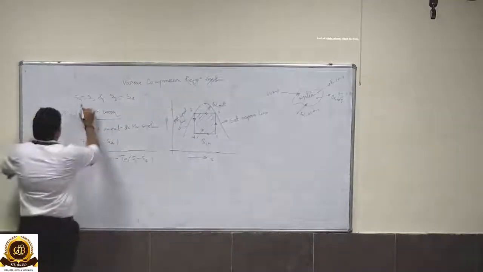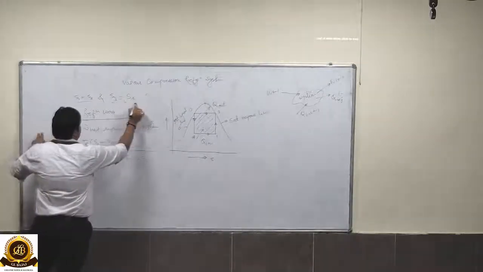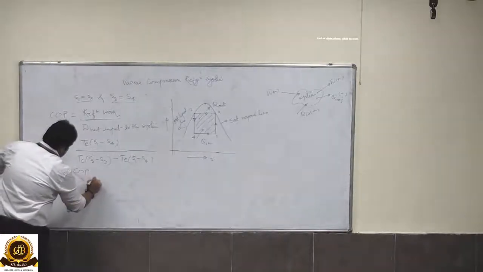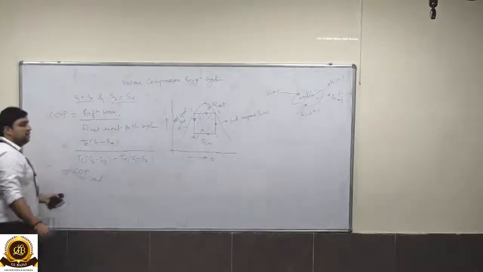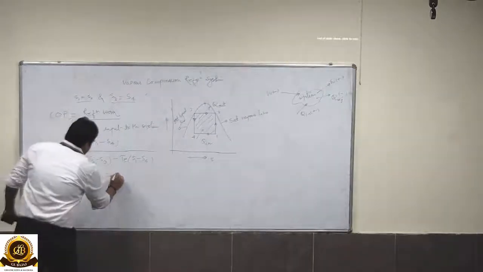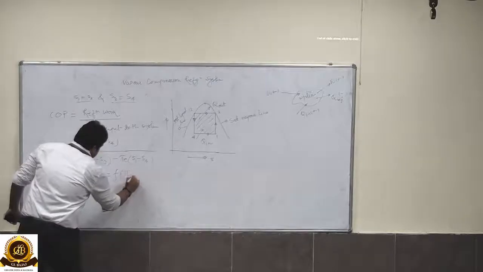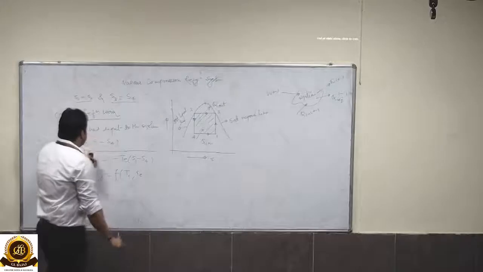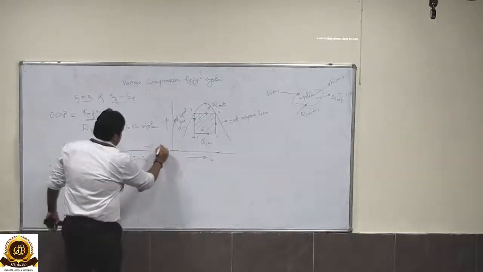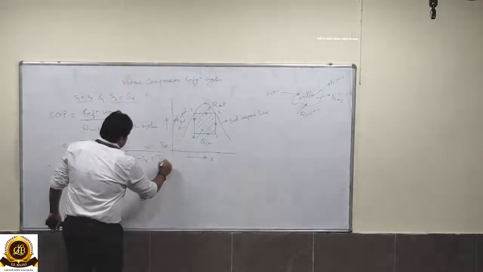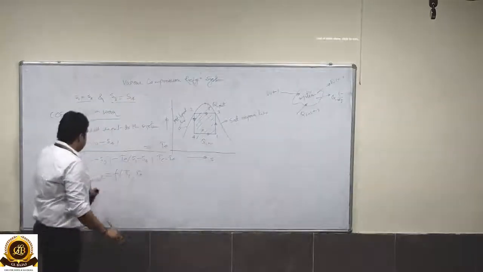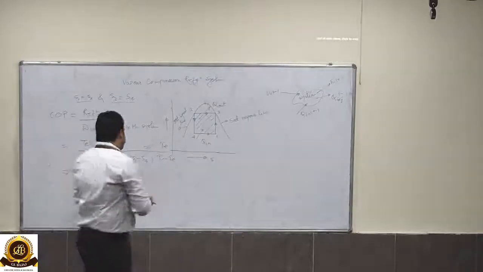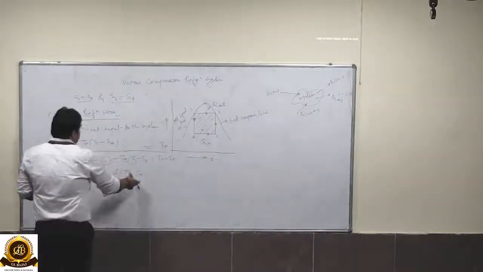Now if we put these values here, we can reach the conclusion that the COP of a Carnot cycle, which is obviously a reverse Carnot cycle, is a function of TC and TE. If we put these values here, it will get cancelled and it will be in terms of TE divided by TC minus TE. So we reach the conclusion that the COP of a reverse Carnot cycle is obviously a function of the condenser temperature and the evaporator temperature.